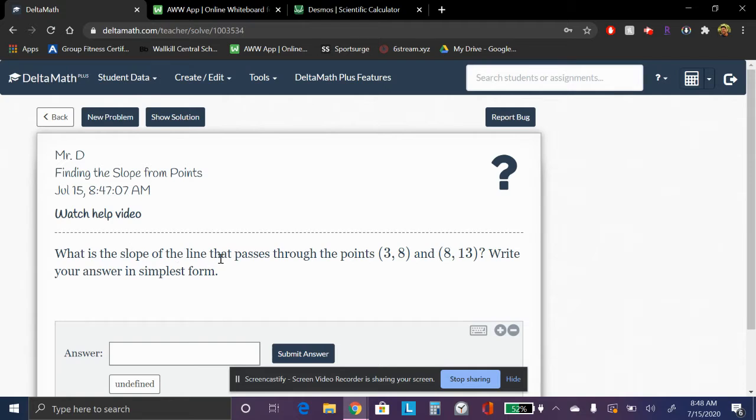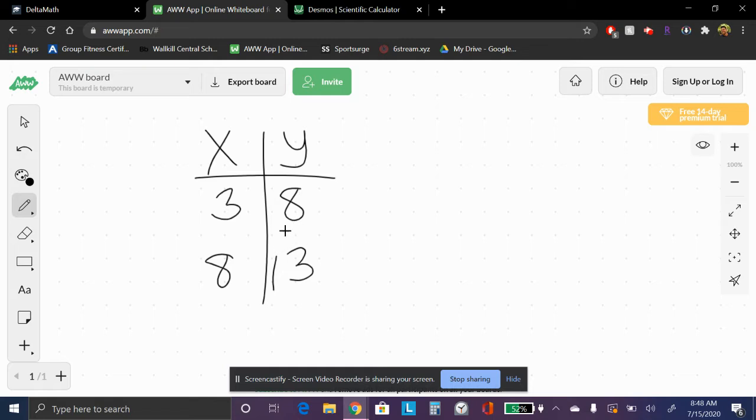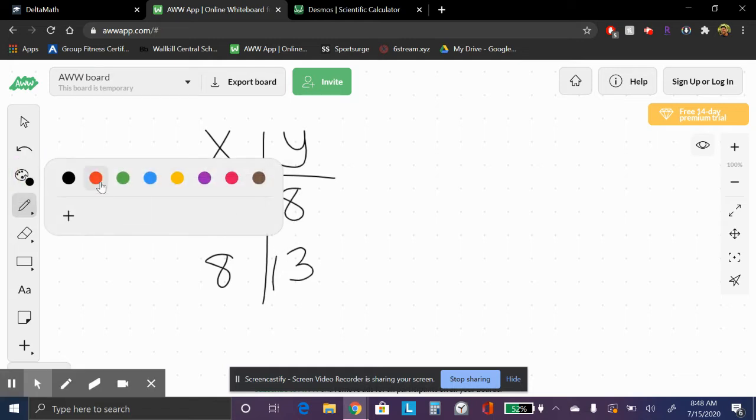So it says, what is the slope of the line that passes through the points (3, 8) and (8, 13)? Answer in simplest form. So I'm going to, first of all, put my coordinates into a table, because that helps me see the rise over run. This on the right with the y values shows the rise.